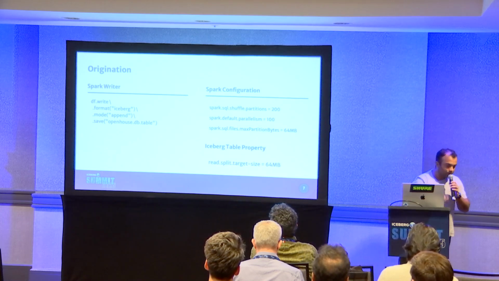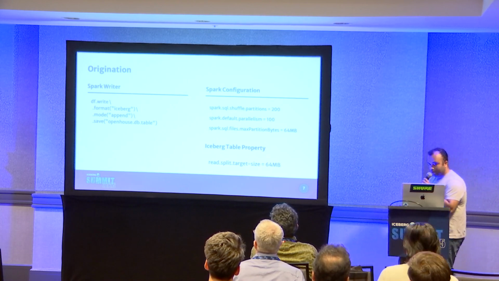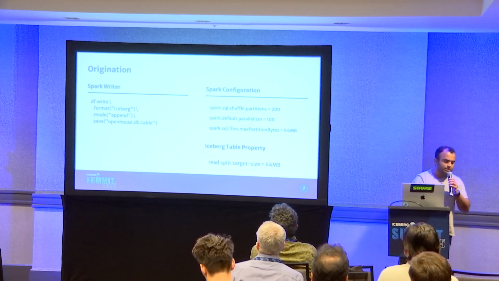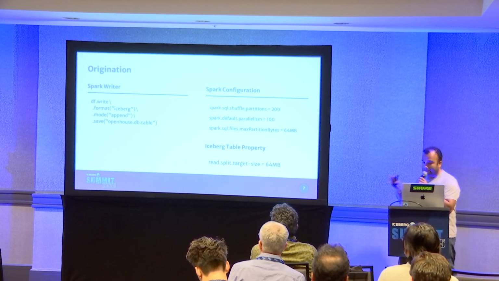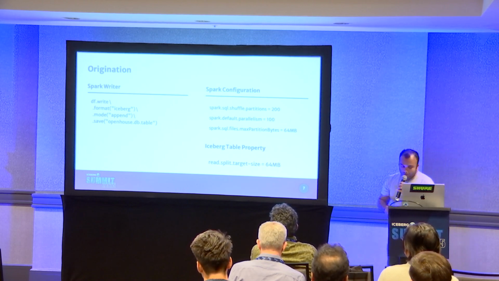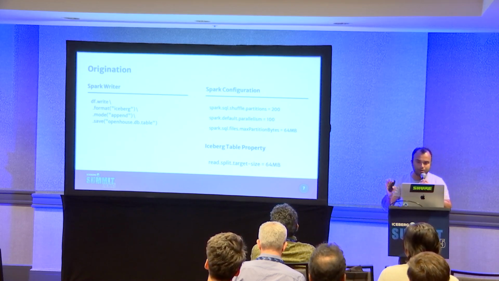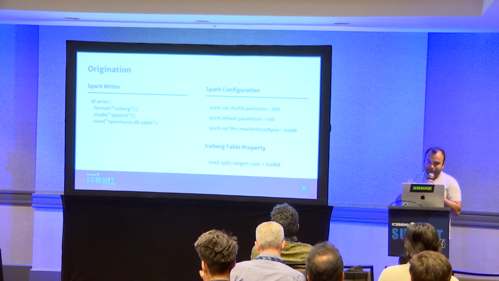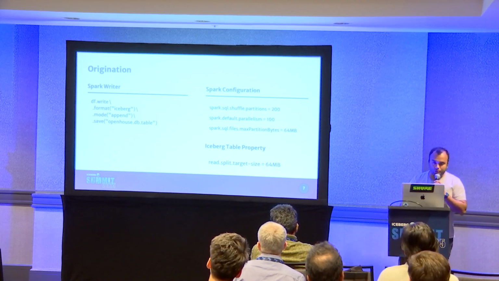Now let's talk about the origination of the small files. Some of you might have already experienced it firsthand, but on the left side, it's a very simple Spark application. It's some data frame trying to write to an Iceberg table. Depending upon how you have configured your Spark session, there are a bunch of configurations that can drastically change the way data gets laid out on your storage.